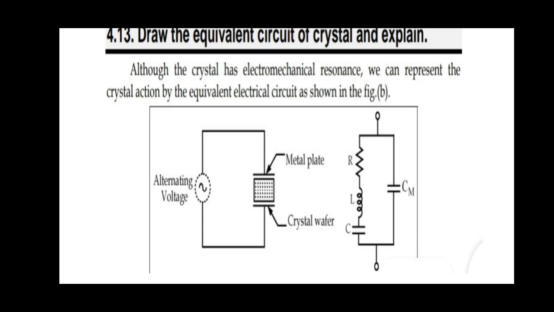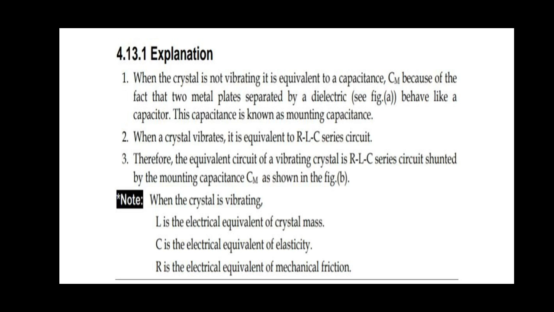So the equivalent circuit is an RLC branch in parallel with CM, where CM is the mounting capacitor. When the crystal is not vibrating, it is equivalent to the capacitance CM, because two metal plates separated by a dielectric behave like a capacitor.